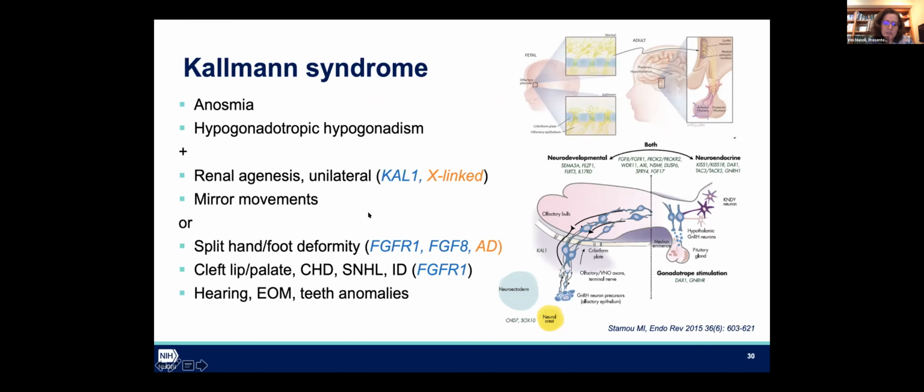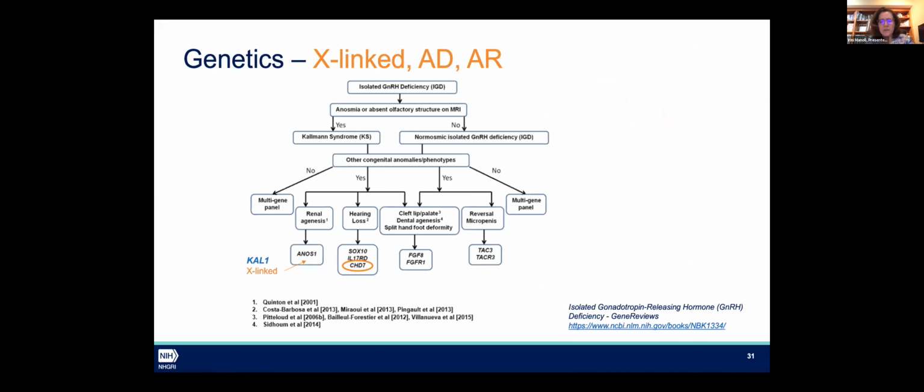And other genes that give you Kallmann syndrome can also cause severe hand or foot deformities, cleft lip and palate, congenital heart disease, or hearing problems. And I have nice references here.